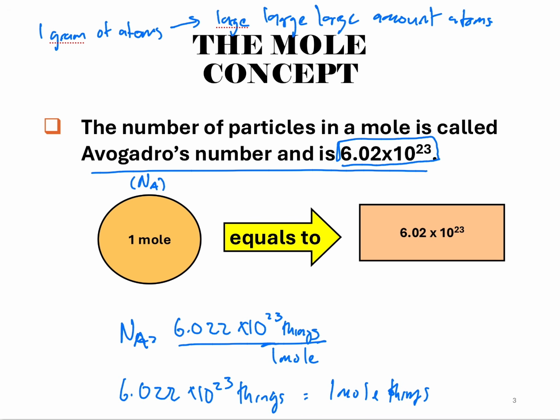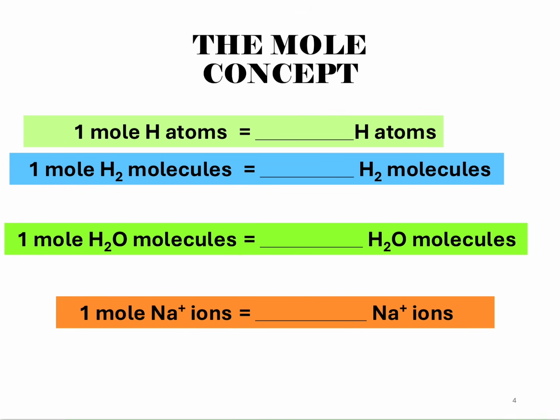And so when we talk about a mole, if we say we have a mole of hydrogen atoms, that means that we have 6.022 times 10 to the 23 hydrogen atoms, right? Gives us a direct conversion between the amount, right, the physical counting number, and a molar amount is what we would say. If we say we have a mole of H2 molecules, then that means we have 6.022 times 10 to the 23 H2 molecules.